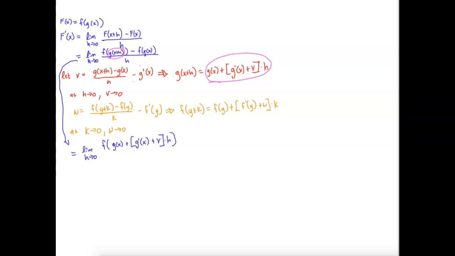That was just this term. All I did was replace g of x plus h with its equivalent. And now I'm going to subtract. Now I have minus f of g of x. And that's all over h.